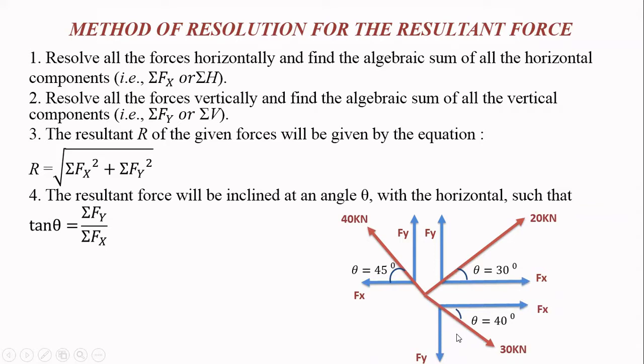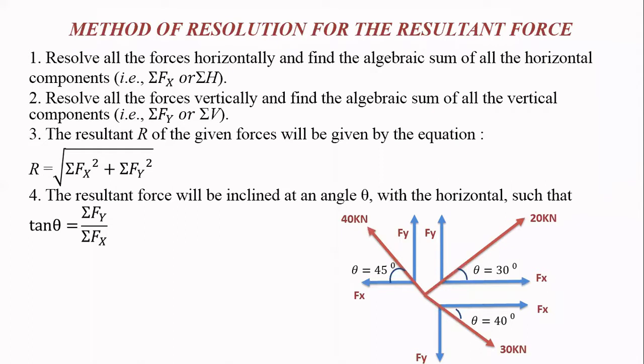It means that whatever the number of forces acting over this body, in the first step we have to resolve these forces in the horizontal direction as well as the vertical direction. All these forces are resolved in horizontal as well as vertical directions.